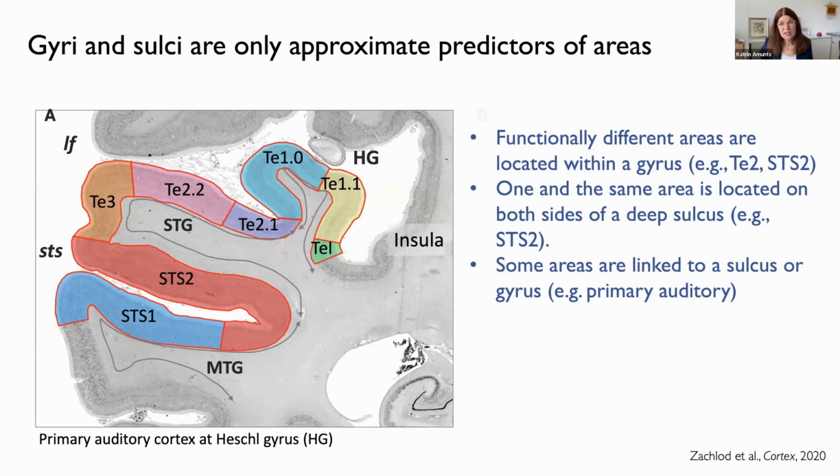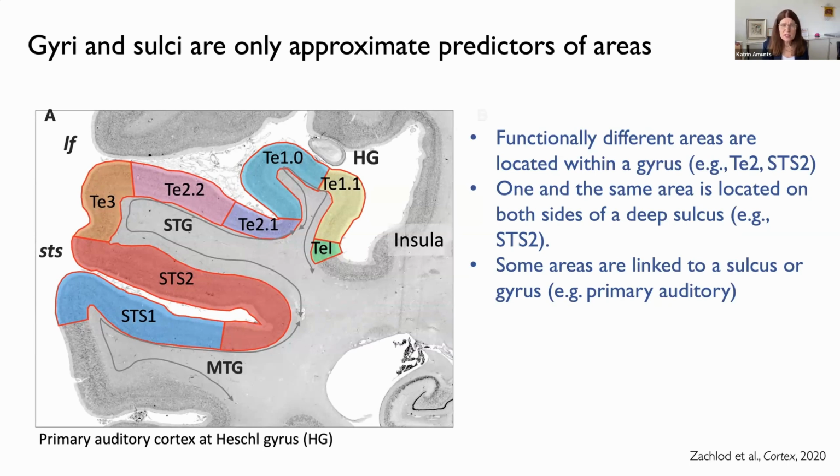Unfortunately, for most of the areas that we have in the human brain, gyri and sulci are only approximate predictors of microstructural areas. And this is an example from the primary auditory cortex, areas TE1, which are located at the Heschl gyrus. This is HG. And you see the very characteristic shape, the mushroom shape of the Heschl gyrus. And indeed, the primary auditory cortex occupies it.